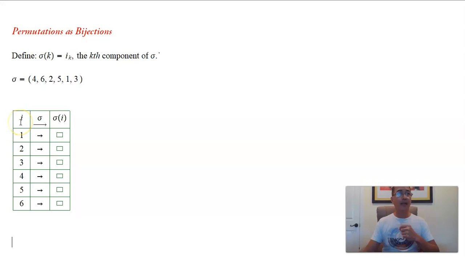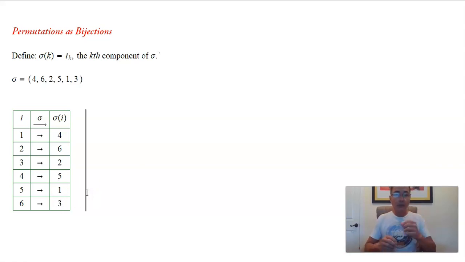Our input will be i, our output will be sigma of i. Who is sigma of 1? First component, so that should be 4. Sigma of 2, second component, so that's just 6. Basically just take these numbers and write them vertically down this column because our input is in the correct order. So we have 4, 6, 2, 5, 1, 3.